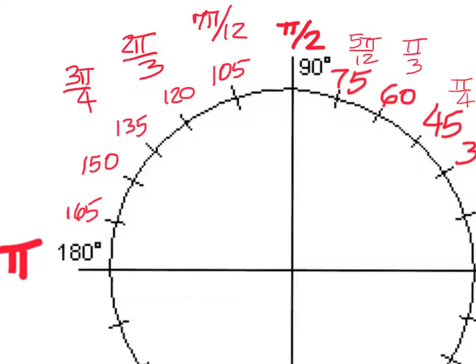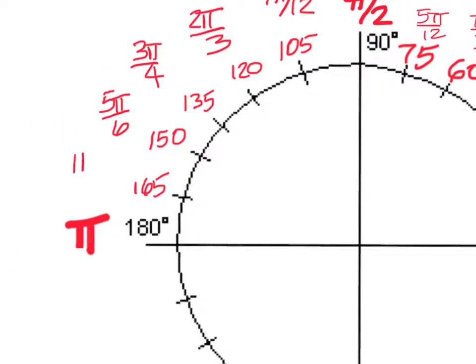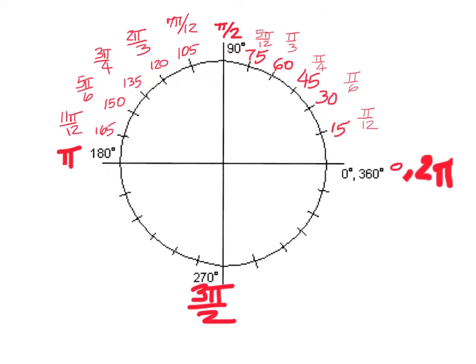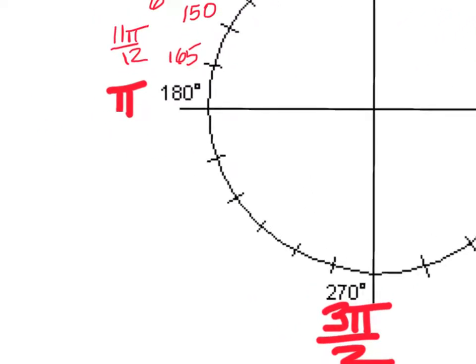What is 10 pi over 12 reduced? 5 pi over 6. The next one is 11 pi over 12. Can I reduce that? There's half of your unit circle. We finished with what unreduced fraction here? 12 pi over 12, that's right.